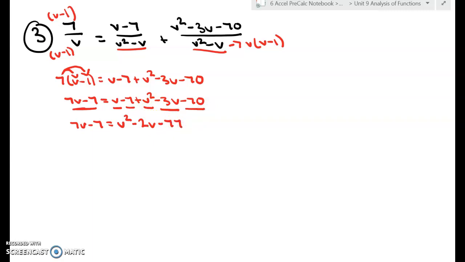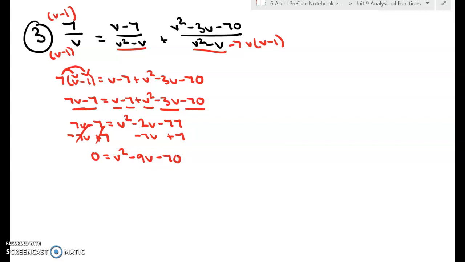Now we're going to want to get the equation to be equal to 0. So we're going to subtract 7v and add 7 on both sides of the equation. So this will be 0, because these two cancel out, equals v squared minus 9v minus 70.